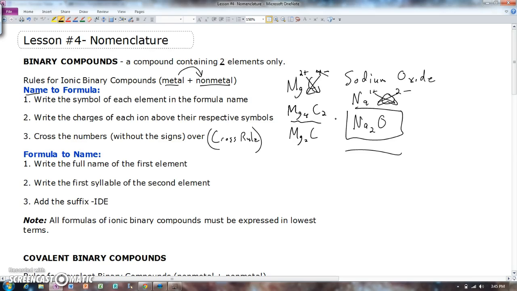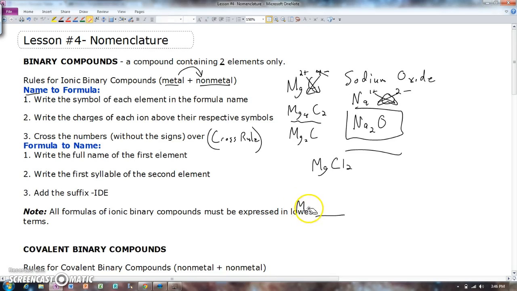So let's talk about going from formula to name. Another option that we can look at, let's use magnesium chloride. So I'm going to start with the formula. I now need to get down to the name. The first thing I'm going to do is write the full name of the first element, magnesium, Mg.